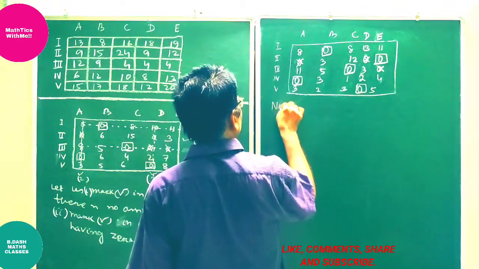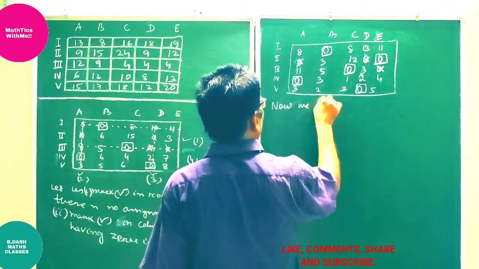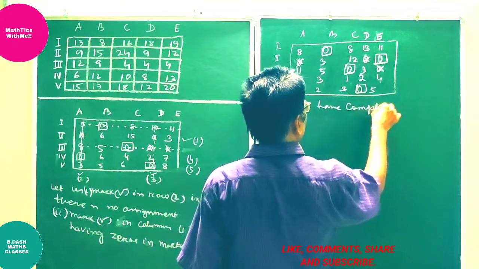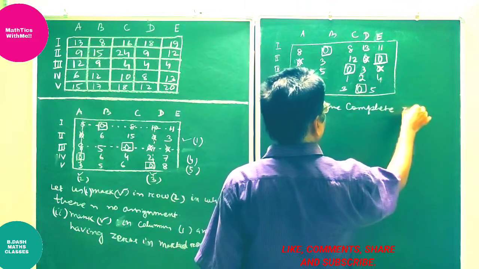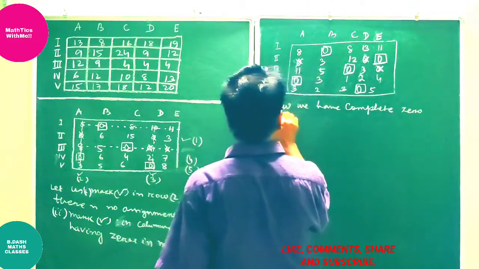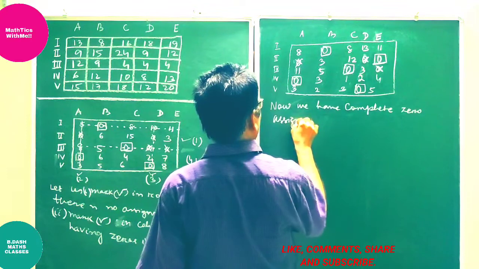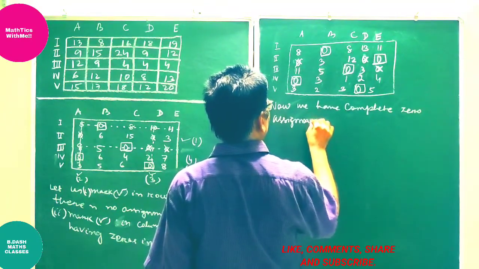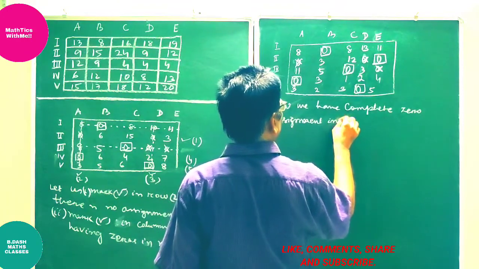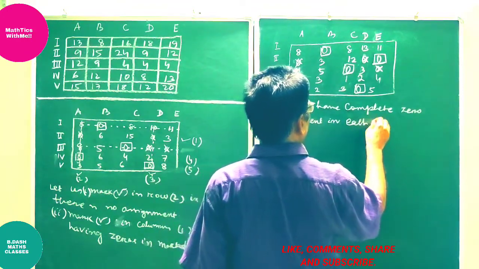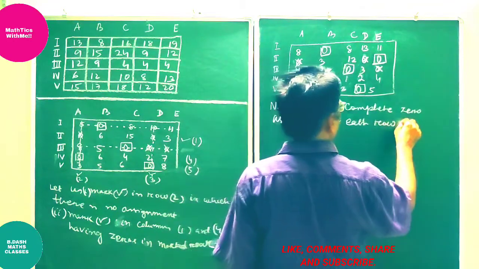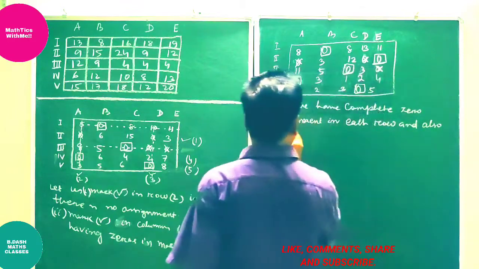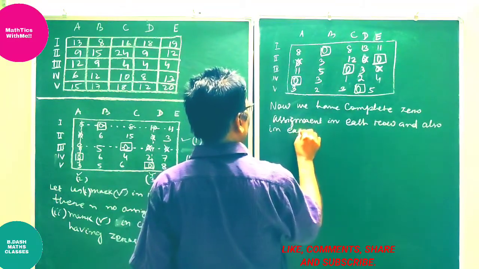Now we have complete 0 assignment in its row and also in its column.